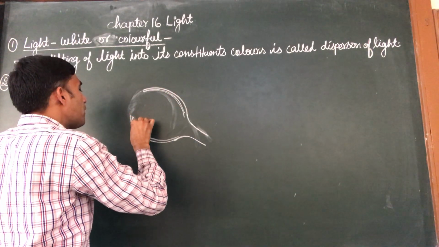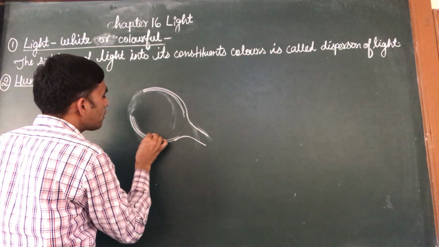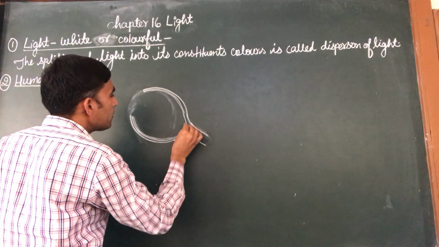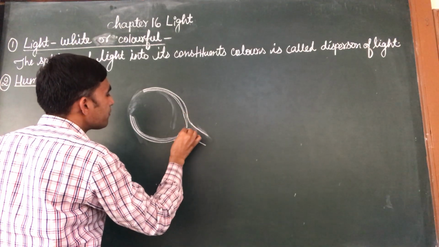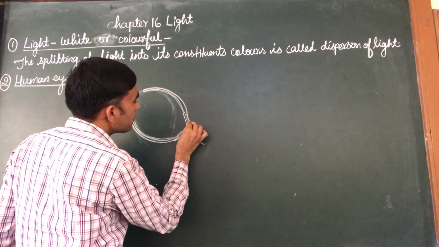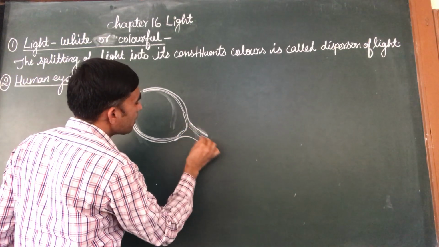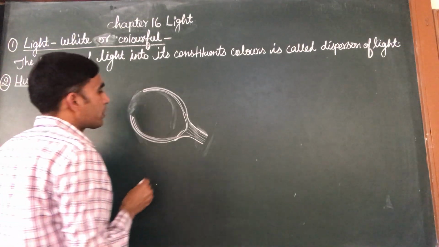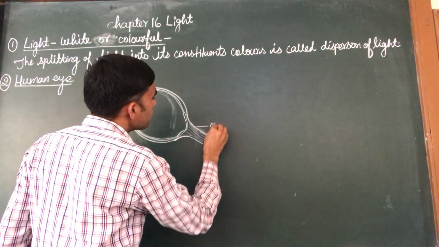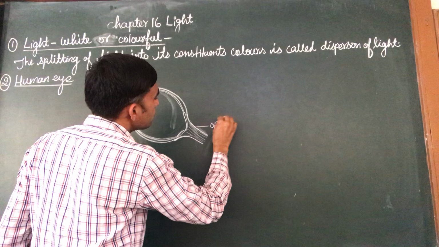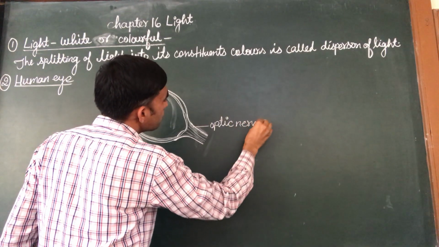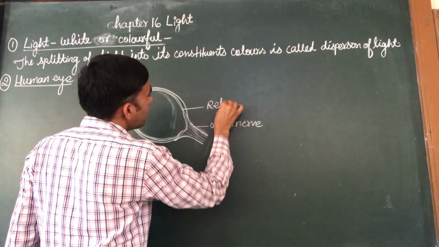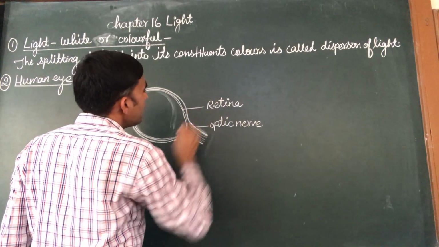First we draw the eyeball, that is the outermost structure of the eye. This is the eyeball, and this is the optic nerve. This is the retina, the innermost part of the eye.